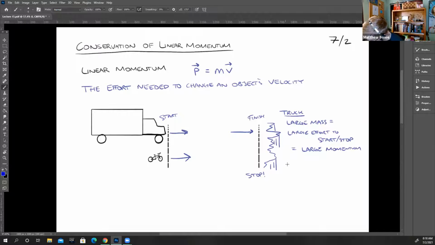And same logic for the bike, small mass, small effort, small momentum. The larger something's momentum, the harder it is for it to stop. Or I should say, change its velocity. Small mass, small effort to start or stop.